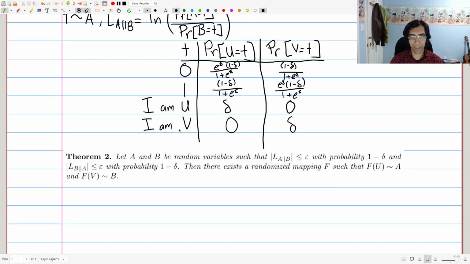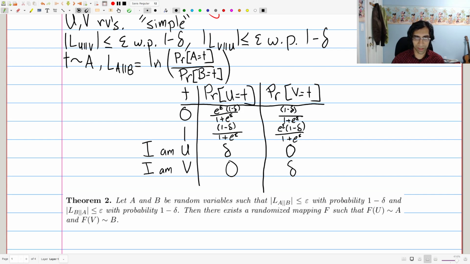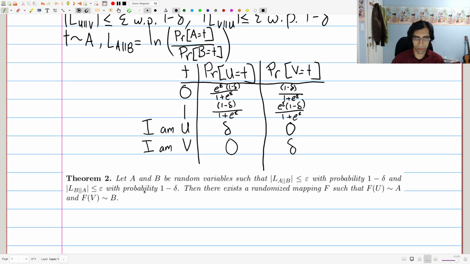So what do we mean by that? Well, this is a theorem which we're not going to prove today, but I'll state it, we'll try to interpret it, and I'll give you a hint as to how it's proved. The claim is the following. Let A and B be any random variables with bounded privacy loss, the same type of privacy loss random variable that we consider between the two, and say that it's bounded in both directions.